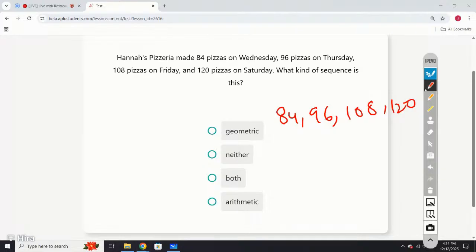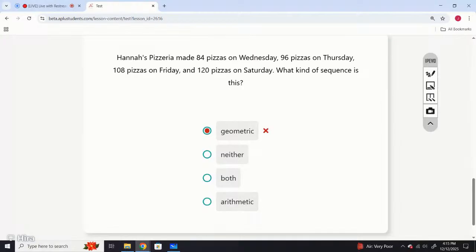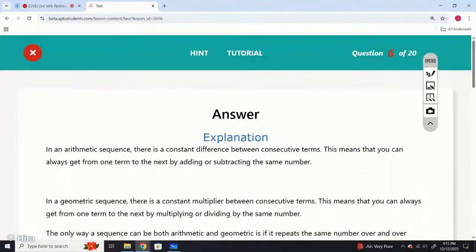So the pattern is changing by 12 each time. So that is an arithmetic sequence, not geometric, because we are adding the same number. I selected the geometric one by mistake.